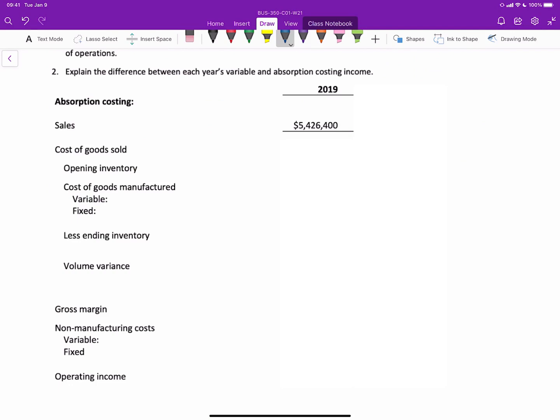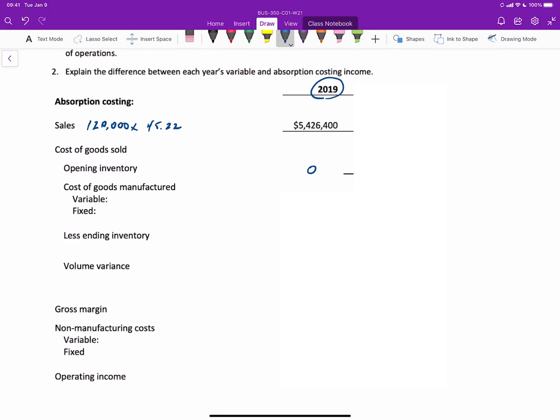Sales in 2019 were 120,000 units at a selling price of $45.22. So that gives us $5,426,400. And then we need to calculate cost of goods sold. We start with our opening inventory. In this case, our beginning inventory is 0. And then we add our cost of goods manufactured.